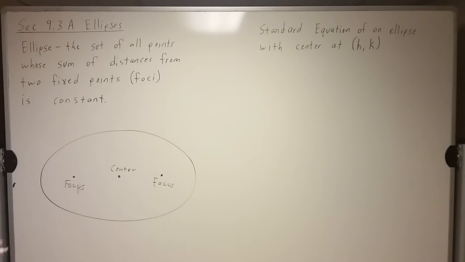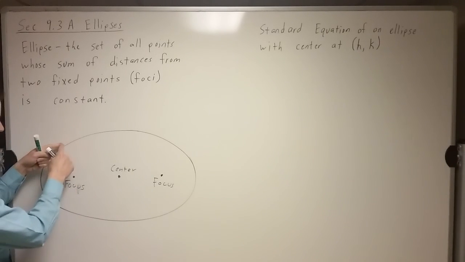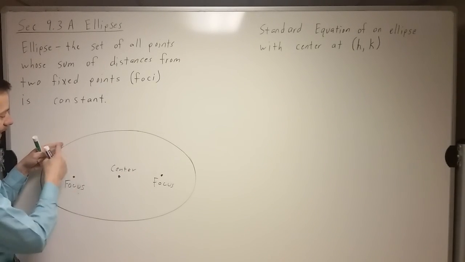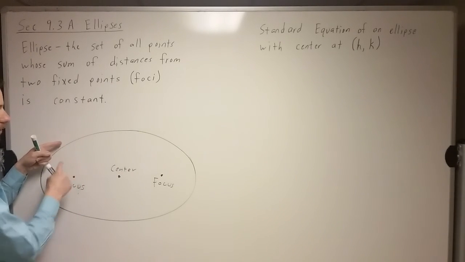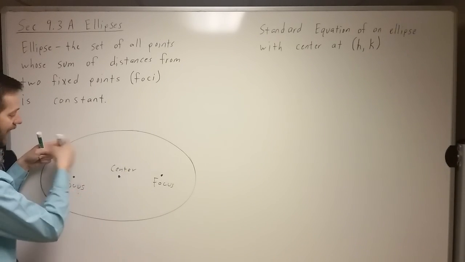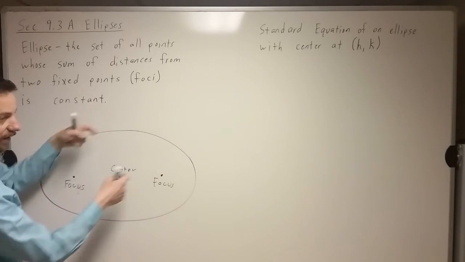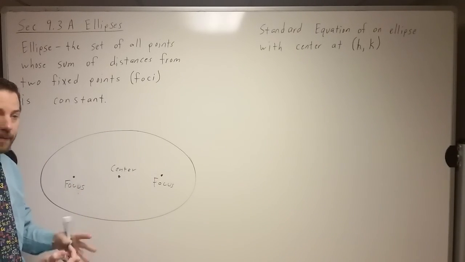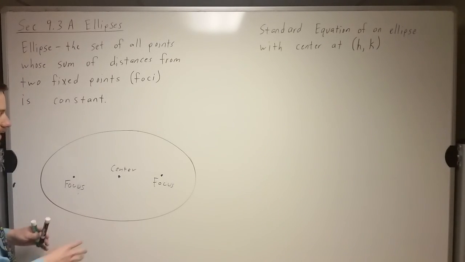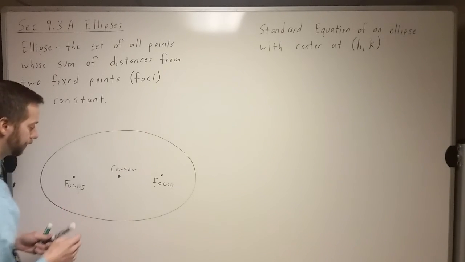And if I pick any random point on this ellipse and take the distance from that point to here and the distance from that point to here, add the two together, I get the same answer no matter what point I pick on the ellipse. So if I go from here, add that length and that length, then I pick another point, say here instead, add that length and that length, I still get the same answer. So that's how we create this shape, two focal points, and the sum of distances from those two focal points is always the same.